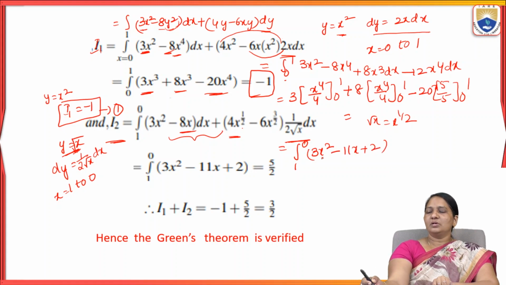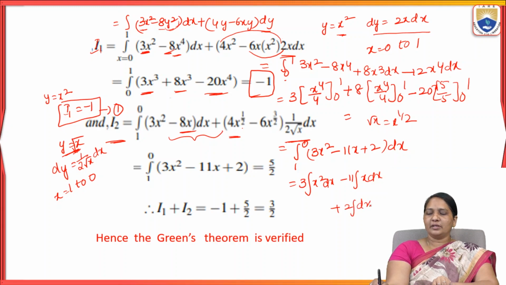So 3 is the constant, taking out: integral x square dx minus 11 integral x dx plus 2 integral dx.